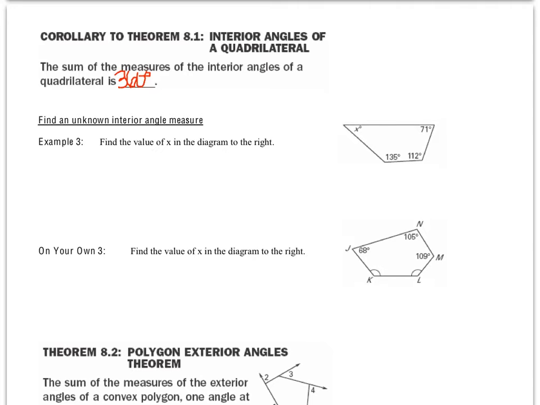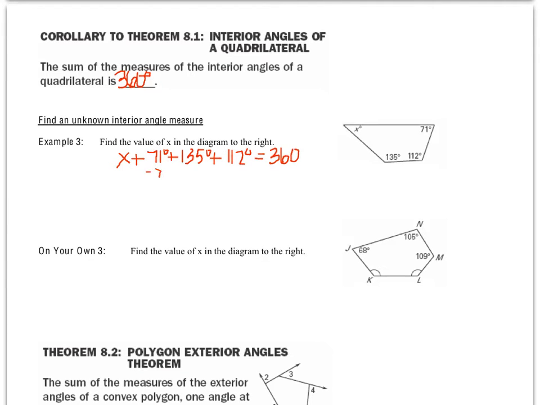So looking at our shape here, we want to find the value of x in the diagram to the right. So I know that my x plus my 3 other angles, 71 degrees, plus 135 degrees, plus 112 degrees. Since there's 4 sides, that has to add up to 360 degrees.